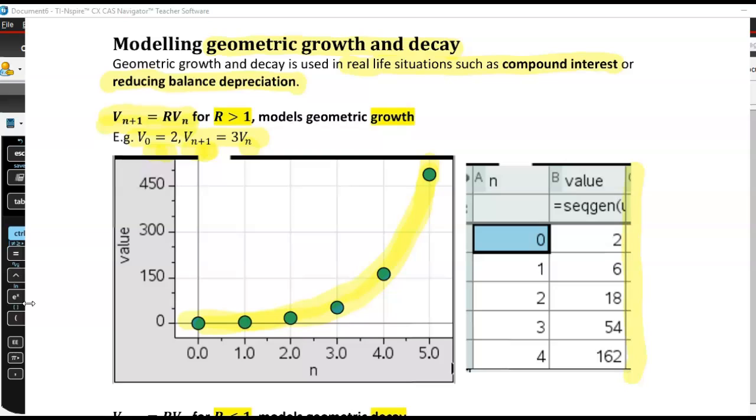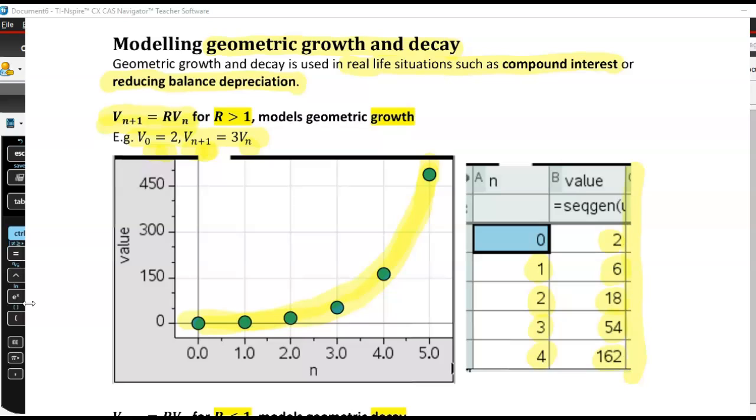So when n equals 0, our Vn is 2. When n equals 1, our value is 6, because it's 2 times 3. You can see here that while n is increasing by 1, that value is being times by 3 each time.